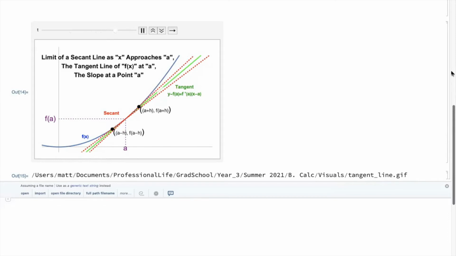This is going to give us y minus 1 is equal to 2.1 times x minus 2.1. Adding 1 to both sides, y is equal to 2.1x minus 1.1.